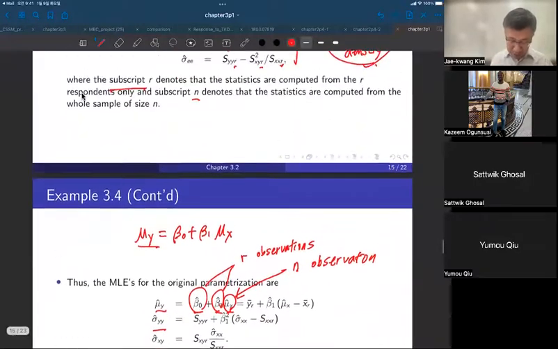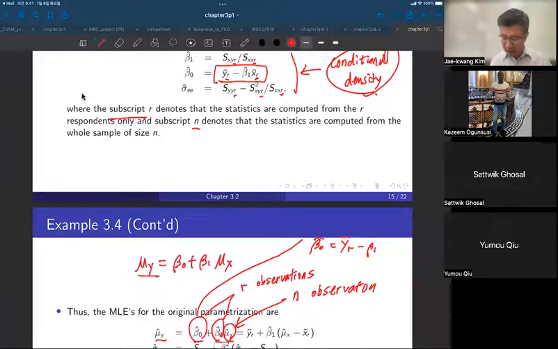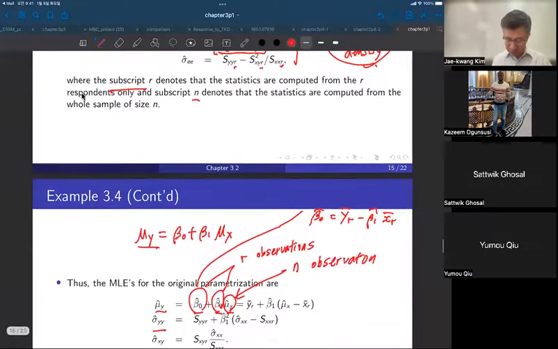And then because beta 0 hat is Y bar R minus beta hat 1 X bar R, we put it here to get this.